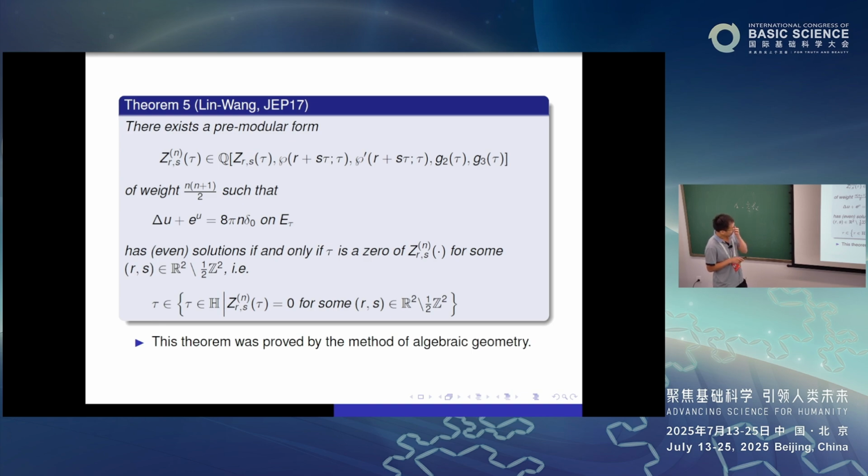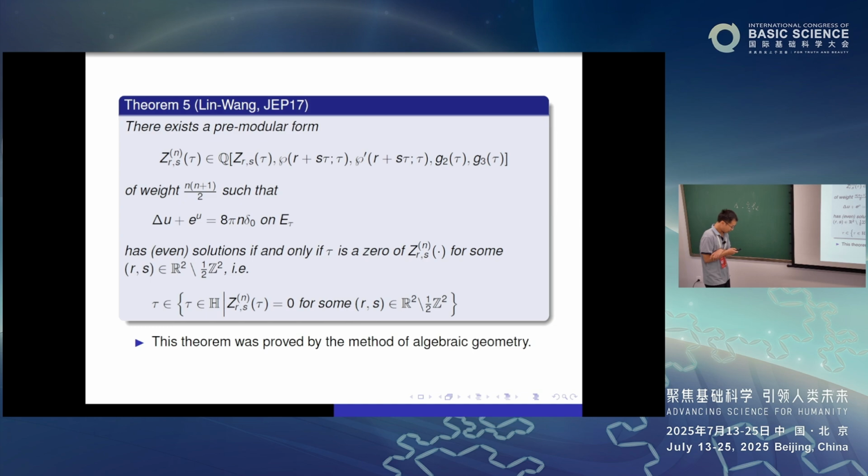So Professor Lin and Wang proved that it is a pre-modular form. We call it Z_{n,r,s}. It is a polynomial of Z_{r,s}, and the Weierstrass ℘-prime, g2, g3 with rational coefficients of this weight, such that this equation has solutions if and only if tau is a zero of this pre-modular form.